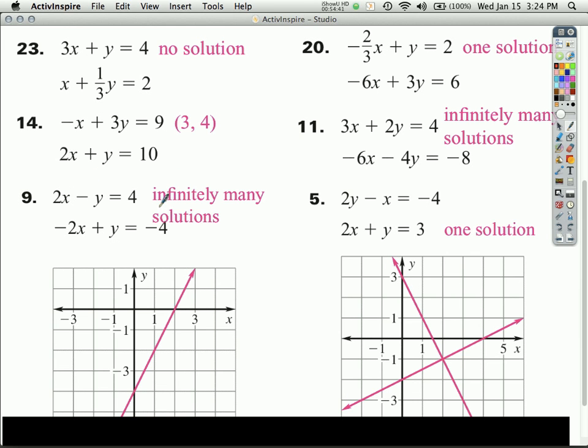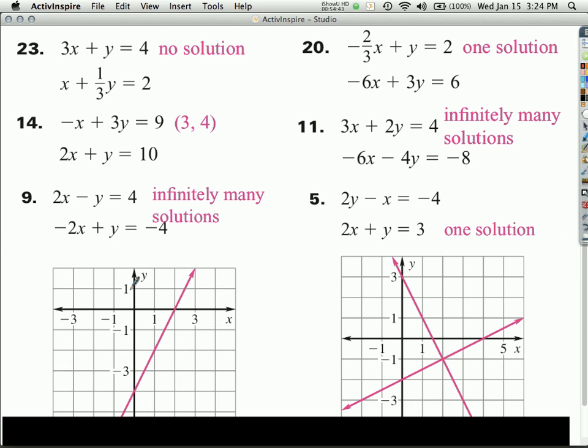She started working on this to prepare to graph, but she ended up with the same equation twice. And then she immediately knew what was going to happen. She didn't have to go further. Okay? So you really just have to pay attention to what you're being asked. If I'm asking for the graph, then you have to give me the graph. If I'm just asking for how many solutions, then do whatever you want. Okay?